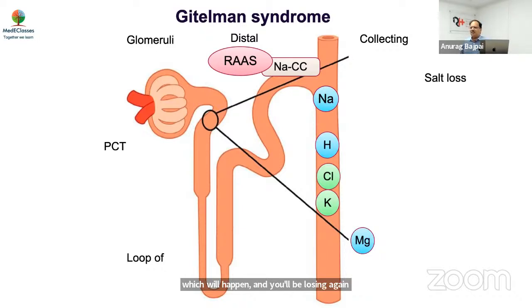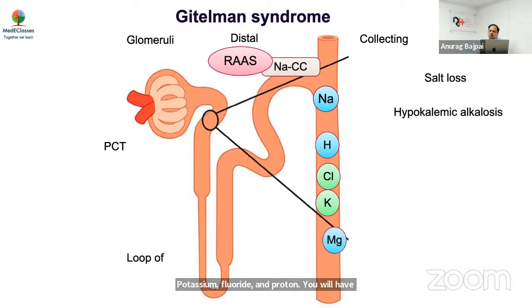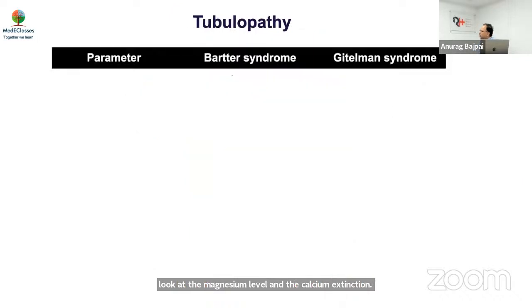You will have hypokalemia, hypochloremia, metabolic alkalosis, and very importantly, magnesium loss becomes much more. Importantly, here the mechanism does not cause hypercalciuria. It's a hypocalciuric variant. So in a child who has hypokalemic alkalosis, you have to look at the magnesium level and the calcium excretion. You will know whether it's more likely to be Bartter versus Gitelman. So low magnesium, high urinary magnesium there.